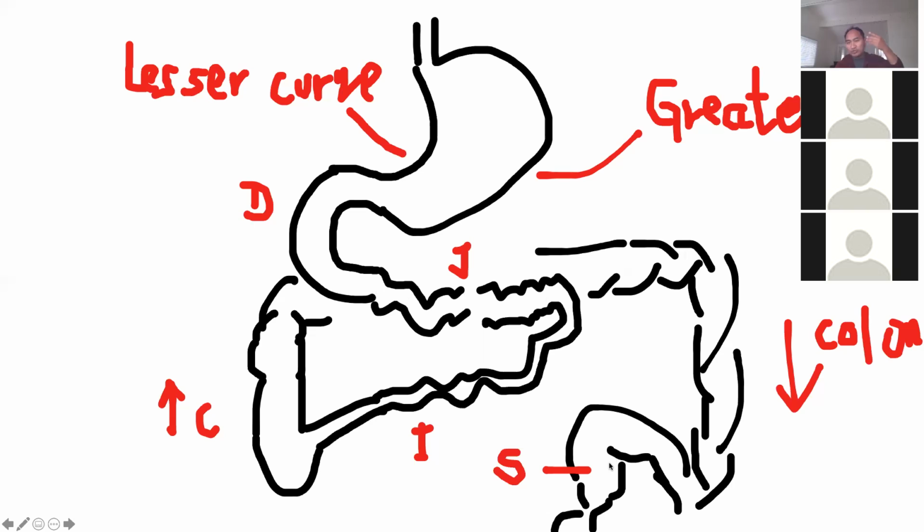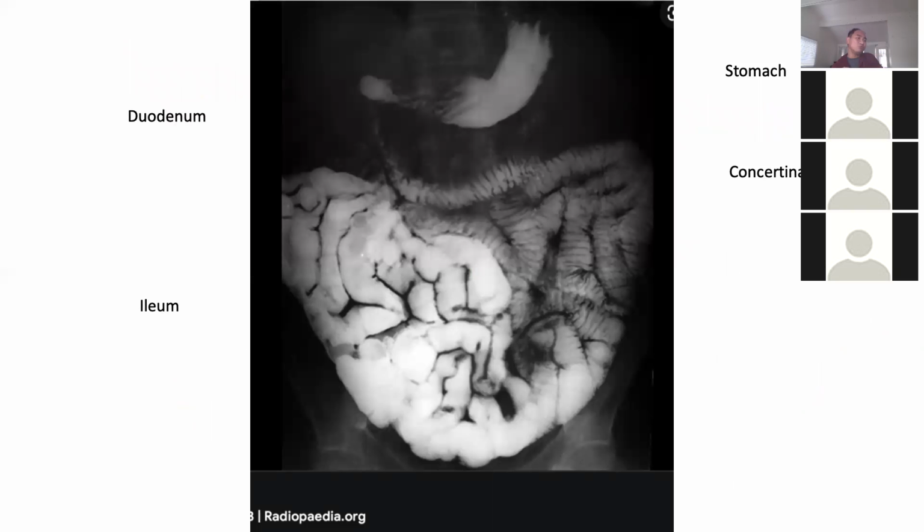And then we do X-rays, depending on the protocol, might be every hour or might be every 2 hours. And if we keep tracing the barium, we will identify the anatomy of the gastrointestinal tract. And this examination is called barium follow-through. So we just follow through with the barium. And if we do that, that's what we are going to see.